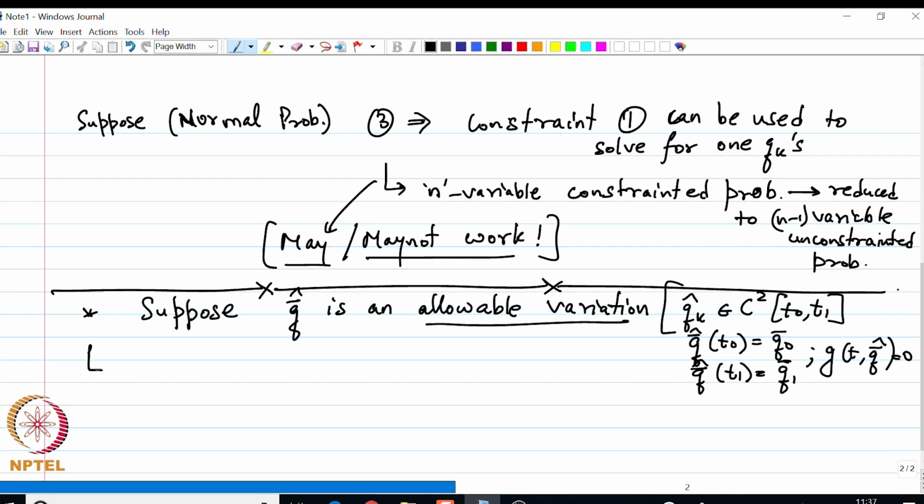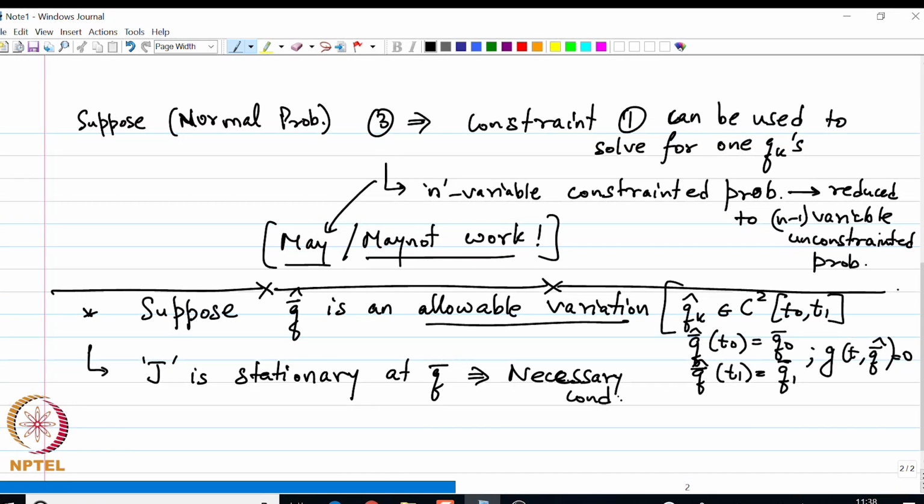Okay. So, when I say that J is stationary at q bar, or q bar is an extremal of J, it implies that the necessary condition for extremal is that J of q bar hat minus J of q bar will be 0 or at most of order epsilon square.